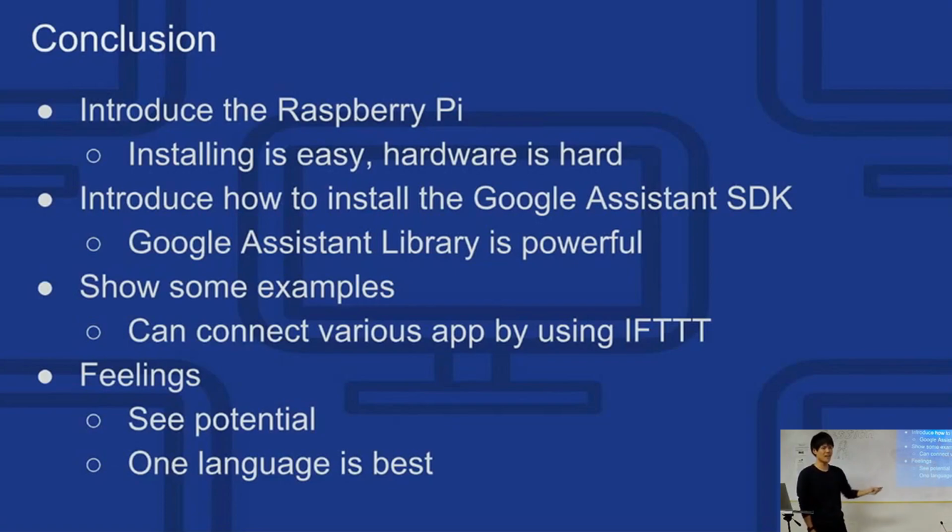And finally, I want to share a tip. If you can speak two or more languages, I highly recommend using one language, because Google Home can set two languages, and in my case, I set Japanese and English.